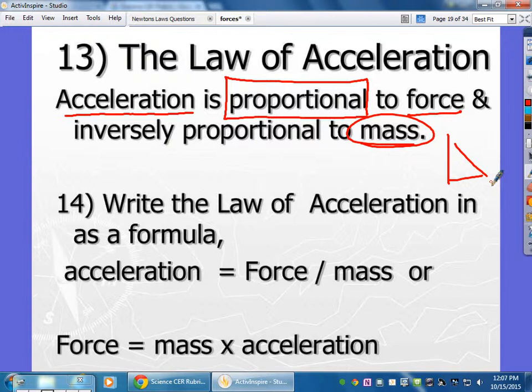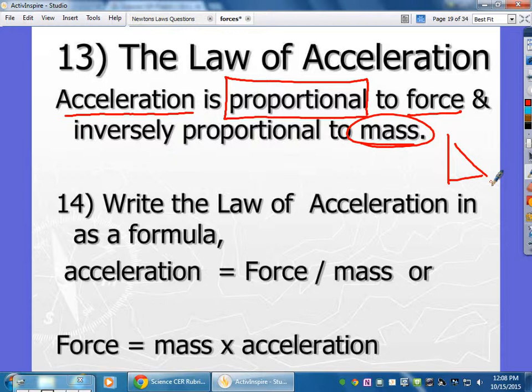One goes up, the other goes down. So that means if mass goes up, acceleration goes down. If mass goes down, acceleration goes up. And it's inversely proportional. So that means if you double the mass, the inverse of 2 is 1/2. So you double the mass, you get half the acceleration.